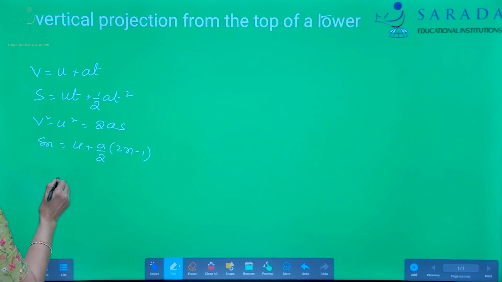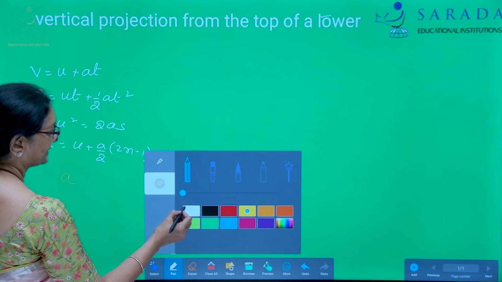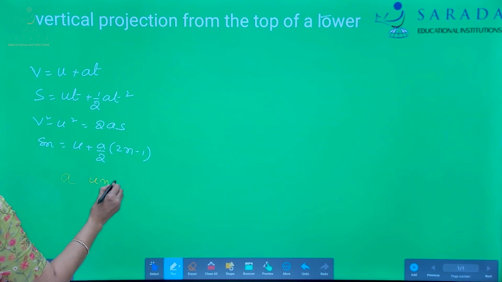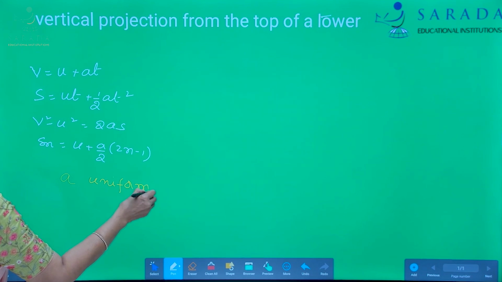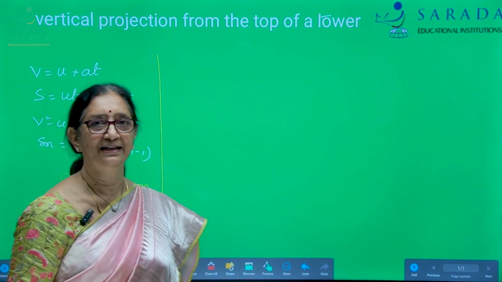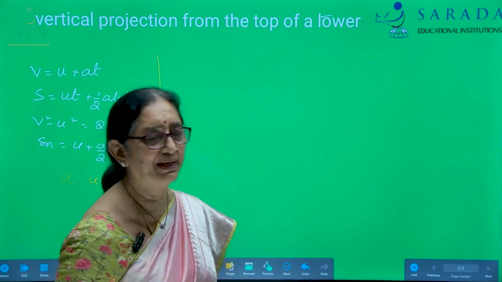All these equations of motion are applicable when the acceleration is uniform. Already we learned this. The same thing we are applying here.